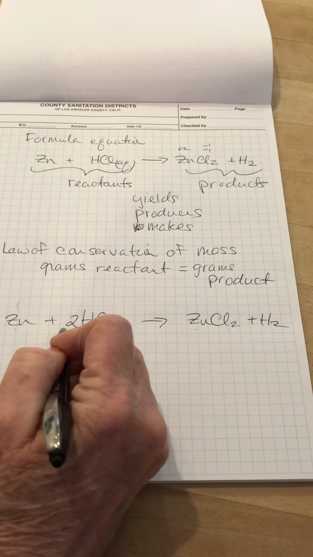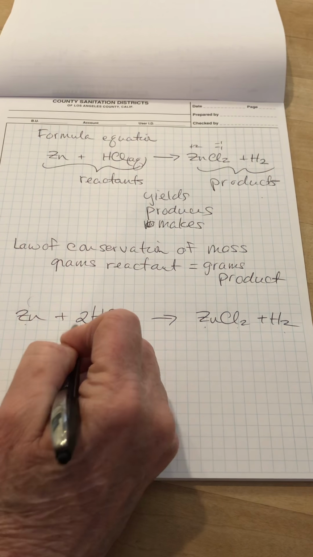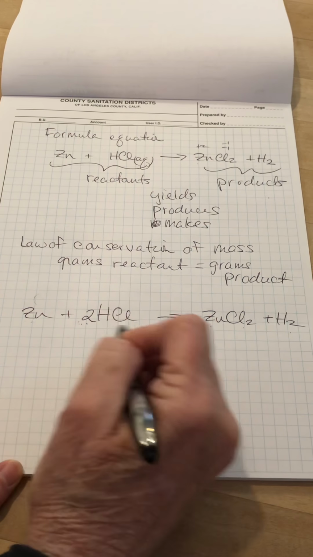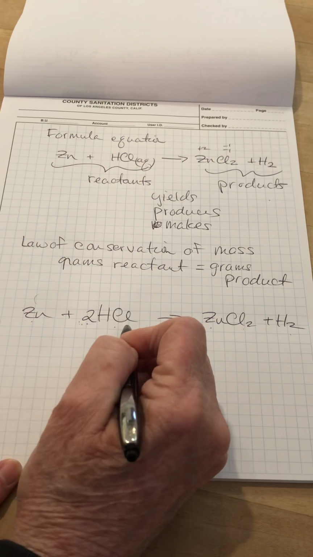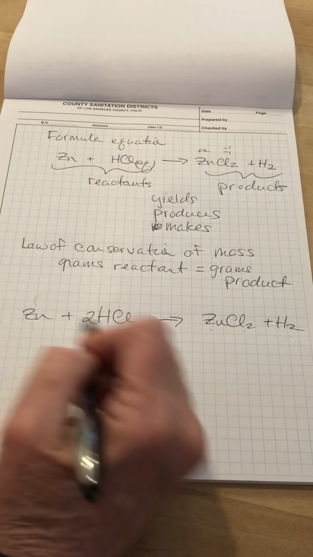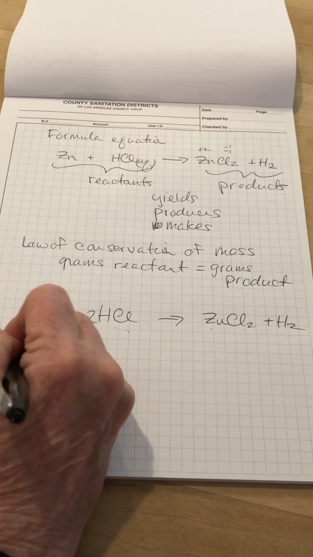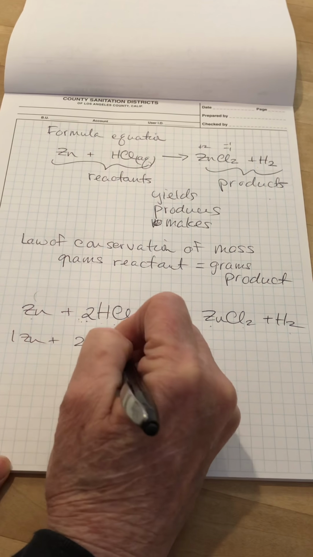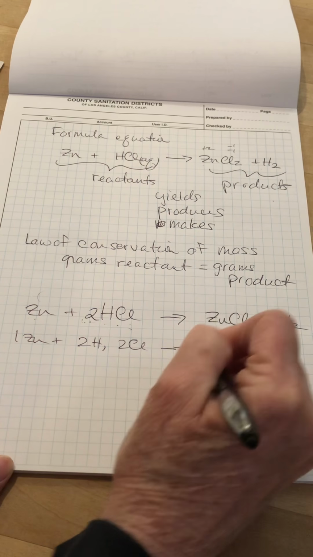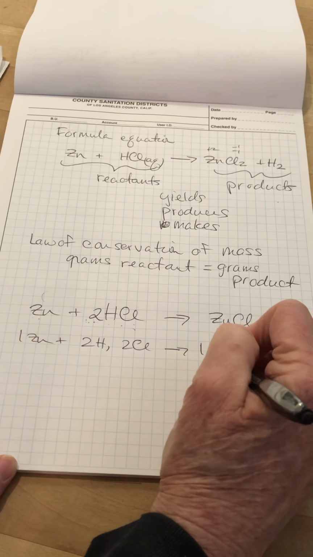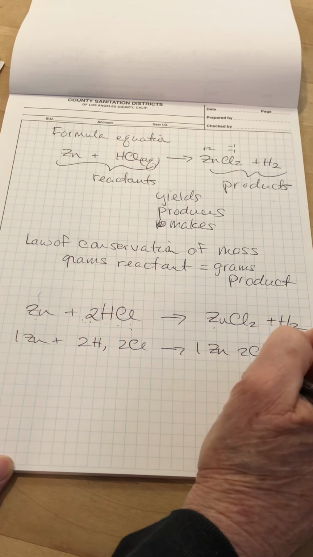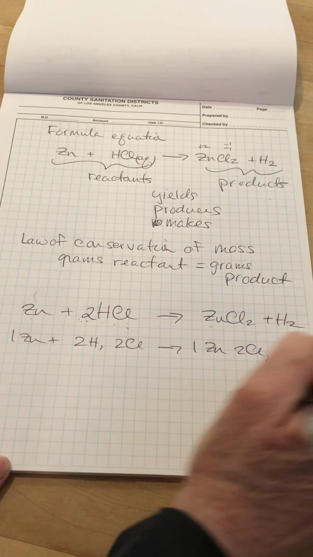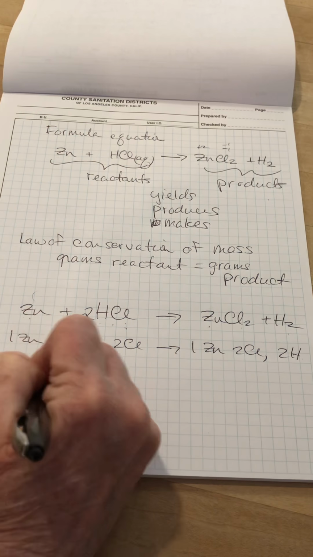If I put the coefficient 2 here, it means take this whole thing and make there be 2 of them. So instead of 1 molecule of HCl, I have 2. Now if we count things up, we've got 1 zinc here, 2 hydrogens, 2 chlorines. If we go on the other side, we have 1 zinc, 2 chlorines, 2 hydrogens, and this equation is balanced.